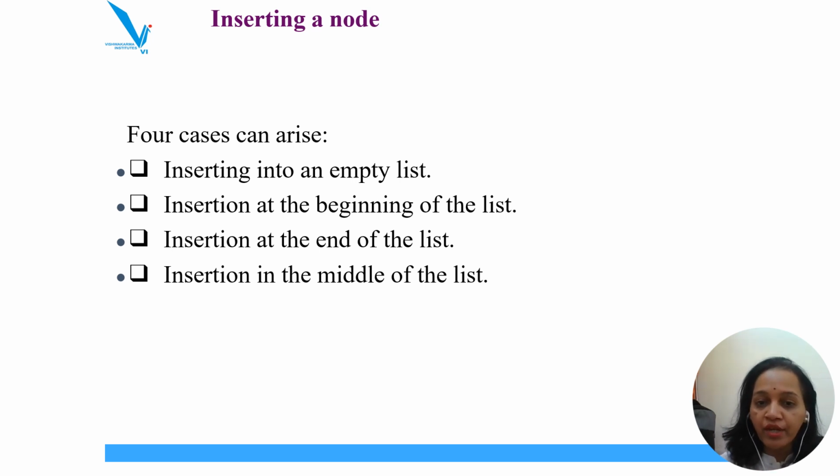Then insertion at the beginning of the list, meaning you have a long list but you want to insert a node at the start of the list. Then insertion at the end of the list. After traversing the whole list, you have to add your node into the last position. And insertion in between, in the middle of the list, at some position, middle position or some position where we want to add our node.